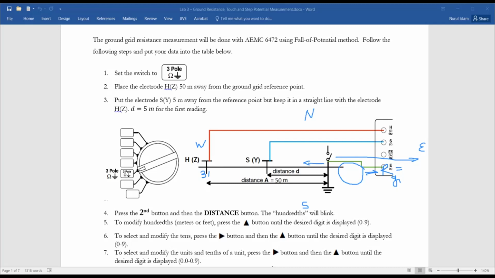Eric and Kaveh, and everyone, please listen carefully again. According to the definition of grounding grid resistance, it is the resistance between the grounding grid and the remote earth. And remote earth is the area surrounding this grounding grid where you do not have any influence of the current flowing through the ground.